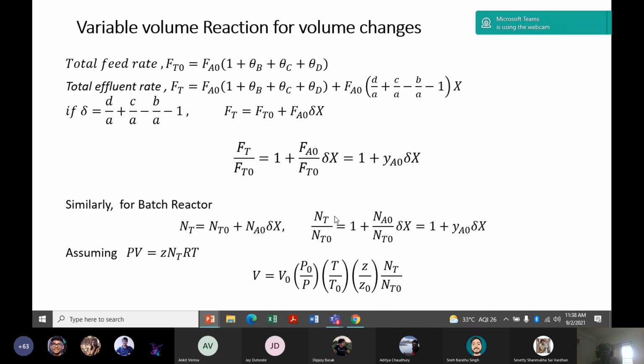Similarly we get Nt by Nt0 equal to 1 plus yA0 delta X. These two expressions, Ft by Ft0 and Nt by Nt0, you have to remember for the treatment of variable volume reactions.